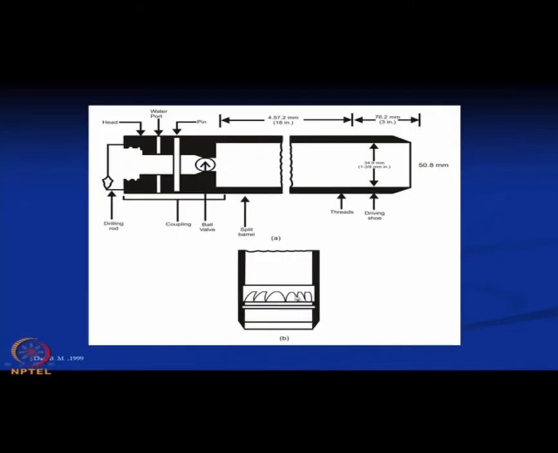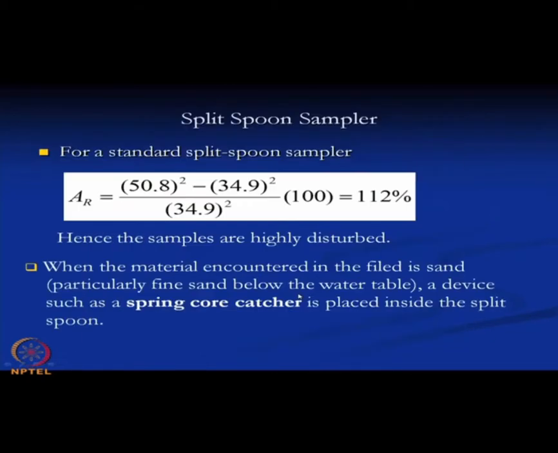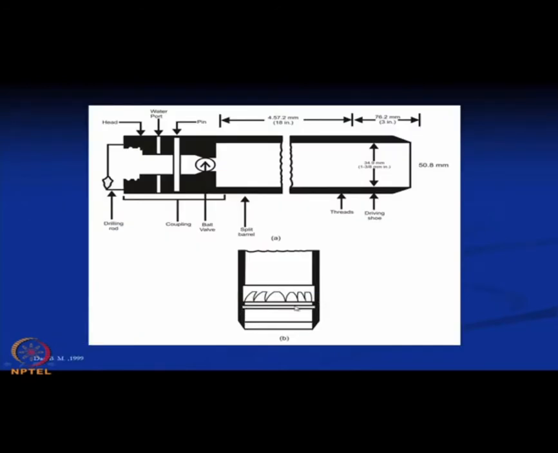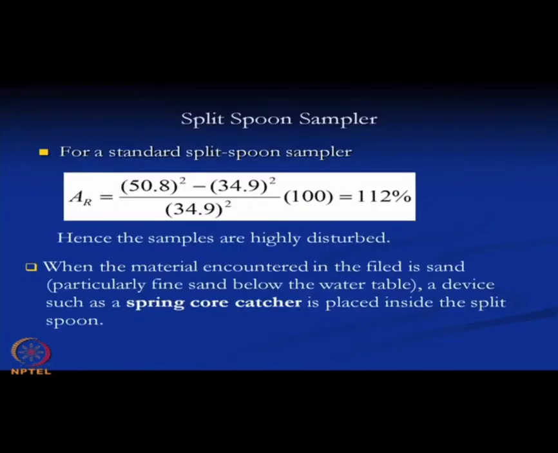So, this is the normal split spoon sampler which is used for clay soil, and if it is sandy soil or below the water table, then this spring core catcher is fixed in the split spoon sampler.